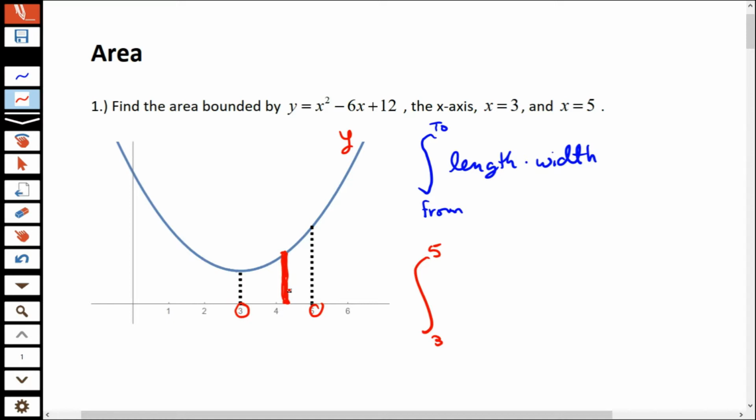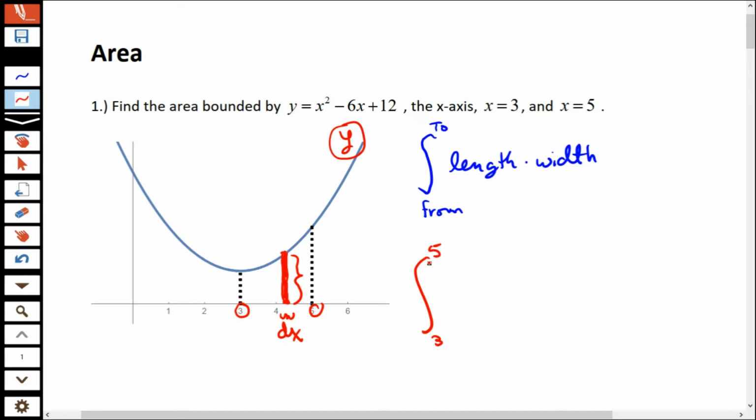So this rectangle's length is this height right here, and the height comes from my function y equals x squared minus 6x plus 12, and the width is an infinitesimally small value I'm going to call a very tiny change in x, or dx.